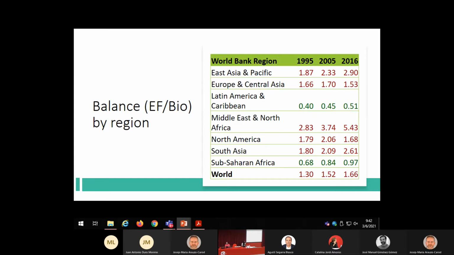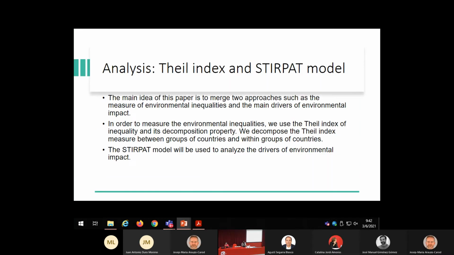And Latin America and the Caribbean is mainly because of Brazil, which has a large amount of biocapacity. To do the analysis, we're going to use the Theil index and the STIRPAT model. So in that way, we can see the inequality in the world, and with the STIRPAT, we want to analyze the drivers.